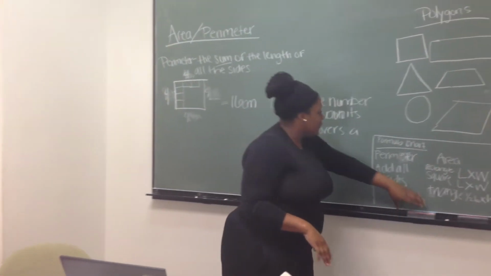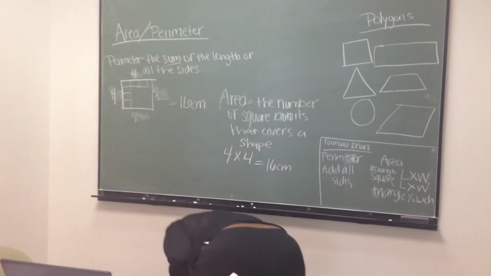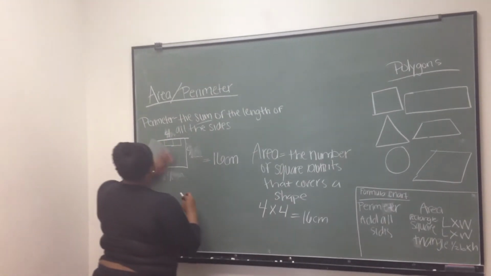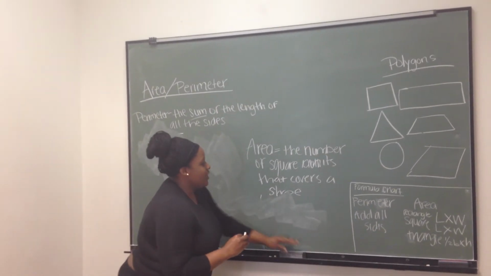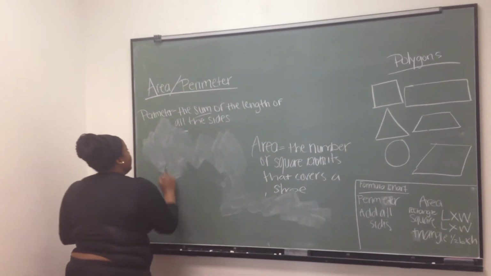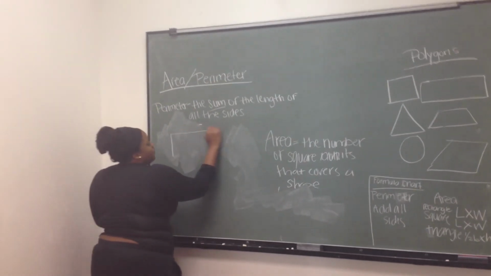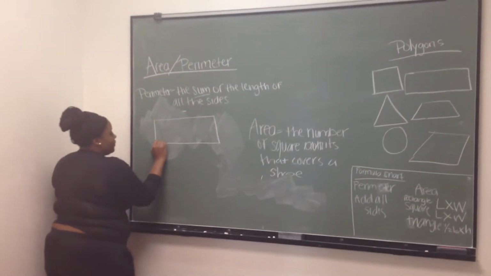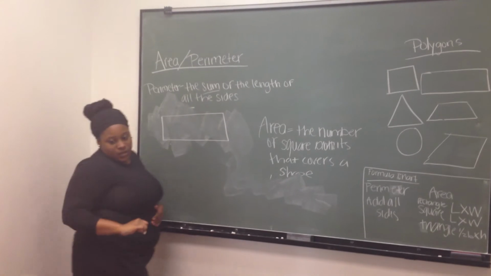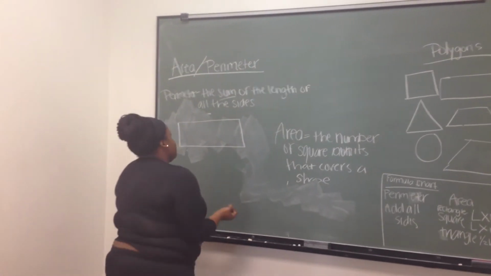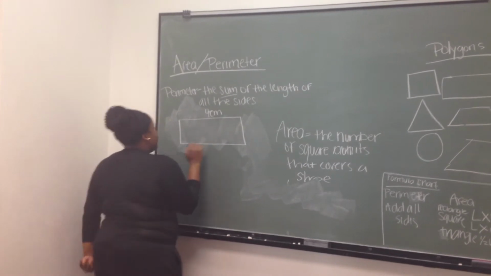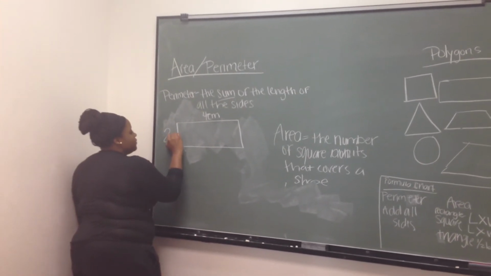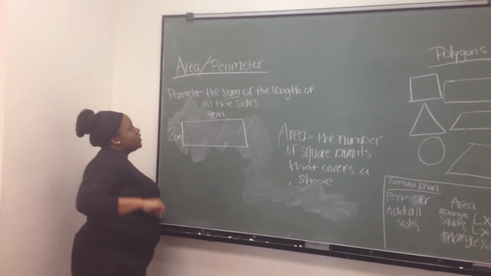Let's try another polygon. Let's look at the rectangle. We're going to do, let's say, 4 centimeters for the length and 2 centimeters for the width.